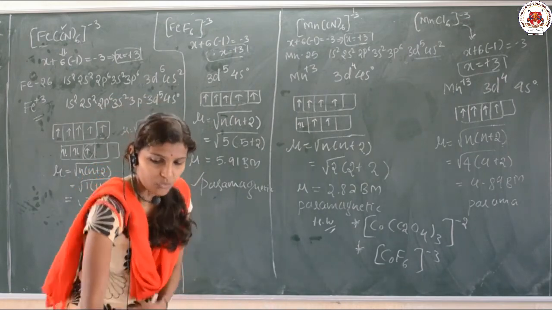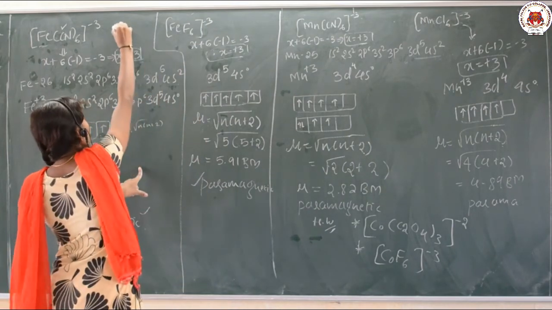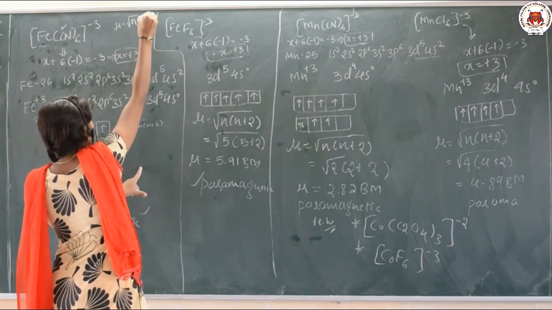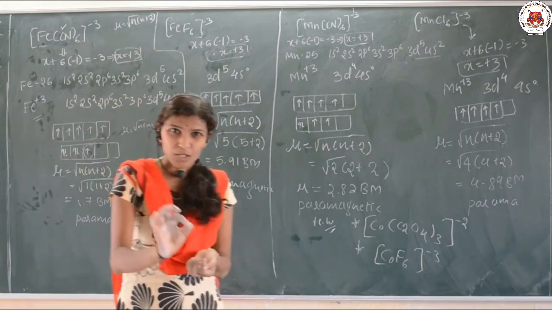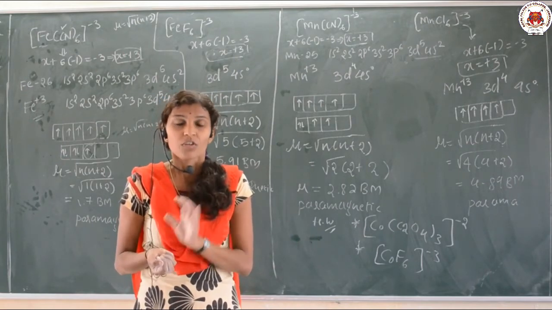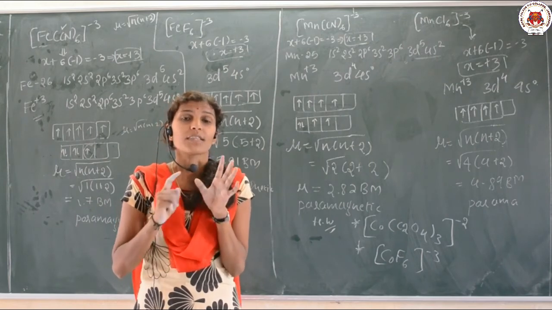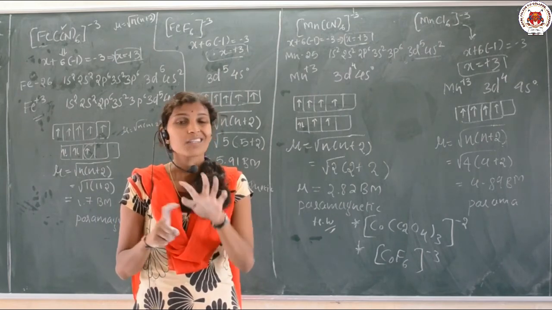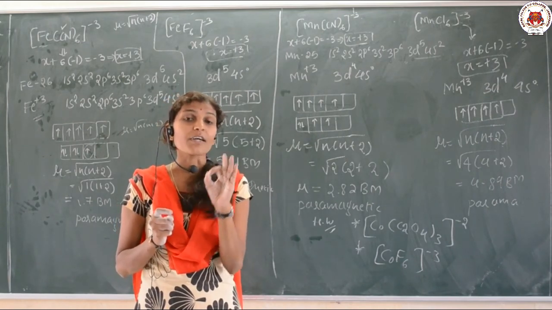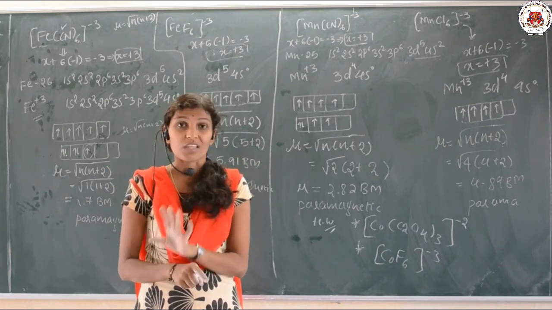The magnetic properties are calculated with the help of this formula, mu is equal to square root of n into n plus 2, where mu is the magnetic moment and n is the number of unpaired electrons. In the given complex, first find out the oxidation state, then write down the configuration. According to the oxidation state, remove the outer electrons, then arrange those electrons in the 3d orbital.